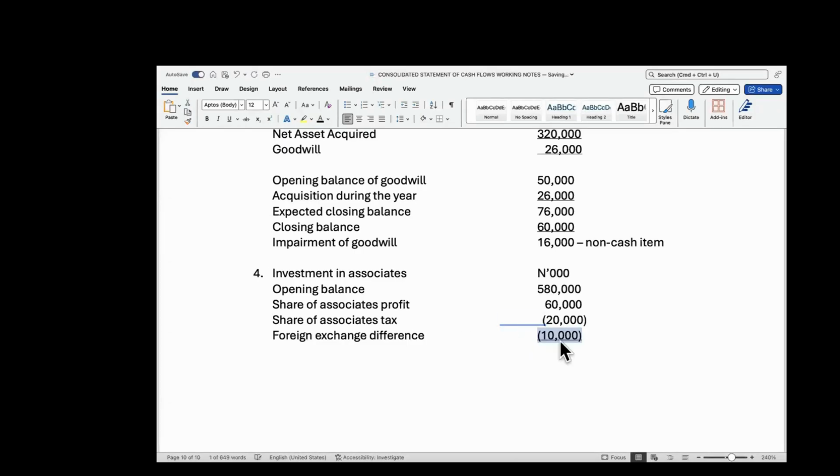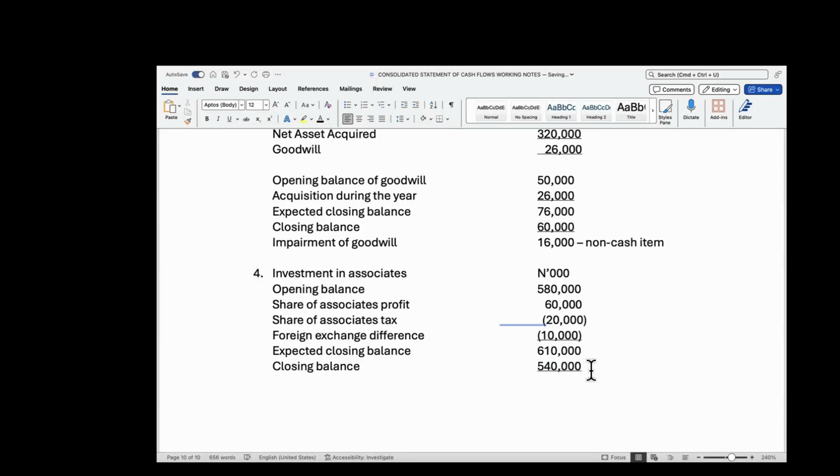Now I've captured everything. So what's my expected closing? What's the balance? 610. Well, what's the closing balance? 540. There's a difference of 70.